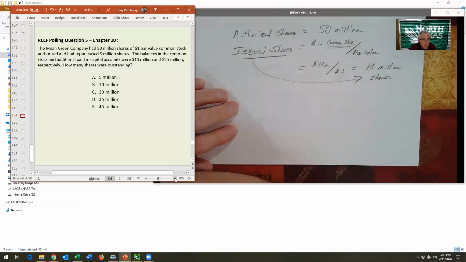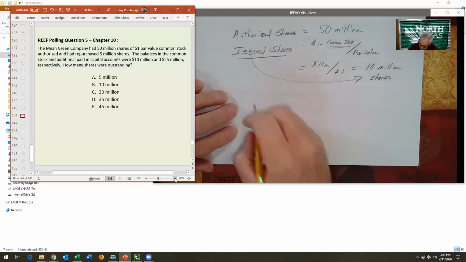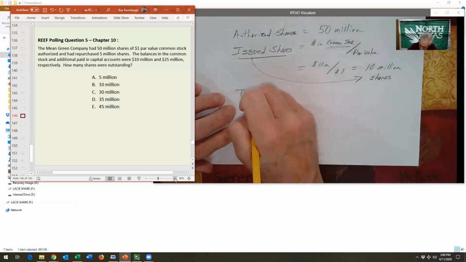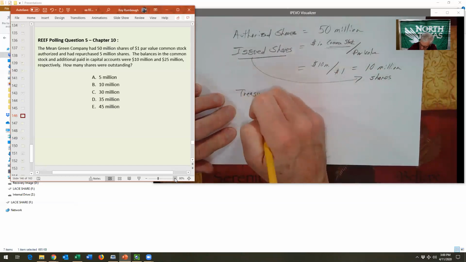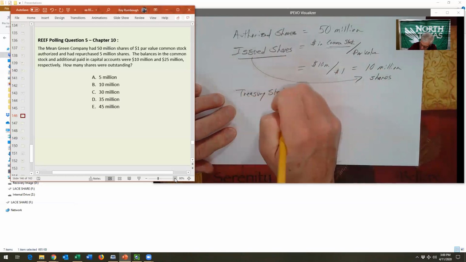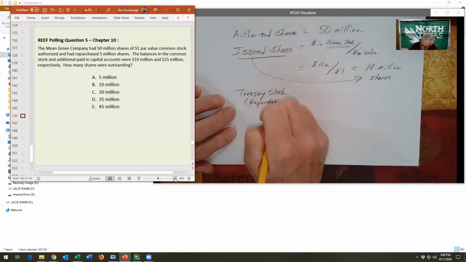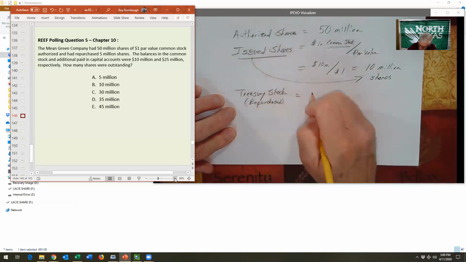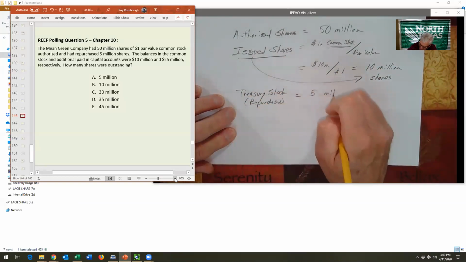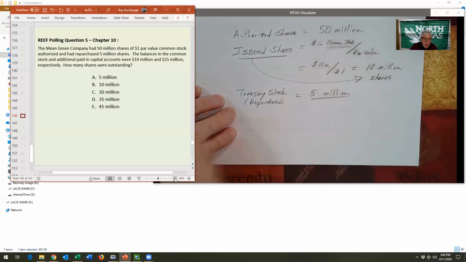All right. How much have I repurchased? Repurchased treasury stock or repurchased shares equals 5 million. So that's 5 million shares. They no longer receive dividends. They no longer can vote.